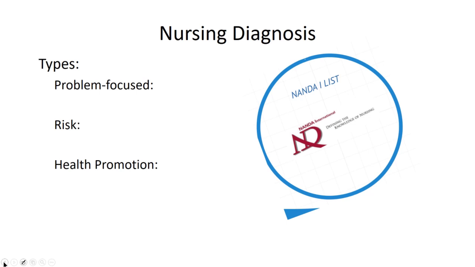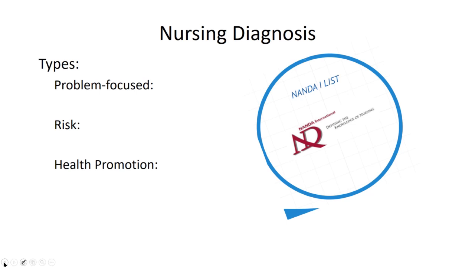Where do we get these diagnoses? There's a whole list. They're created by an organization called the North American Nursing Diagnosis Association, and it's international now. Every couple of years they get together, they look at the diagnoses, they take some away, they add some, with input from registered nurses around the world on what we should include.